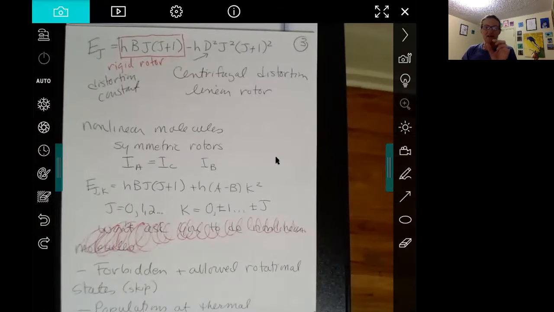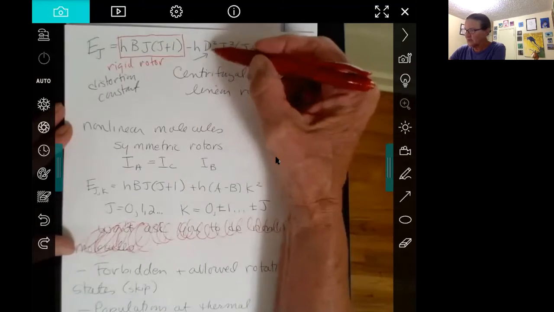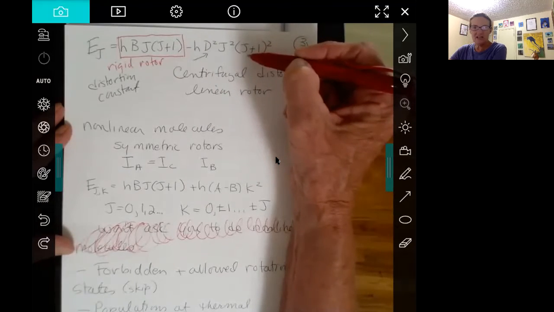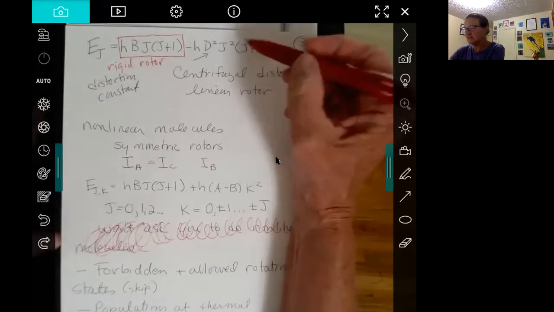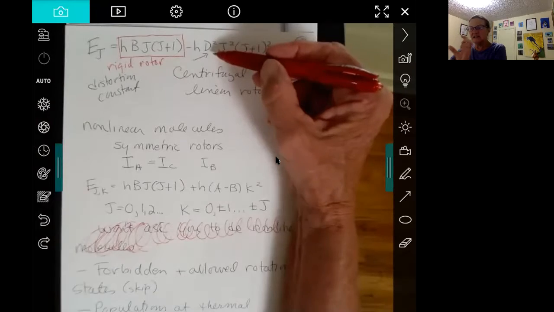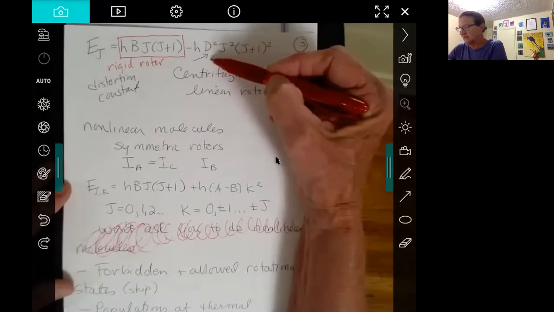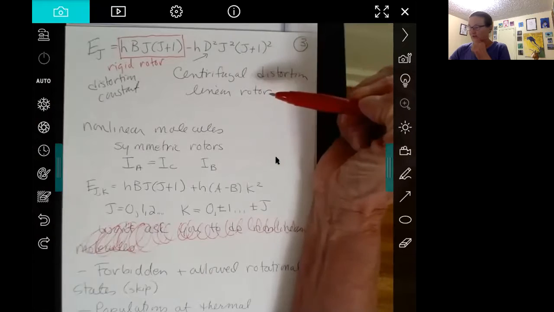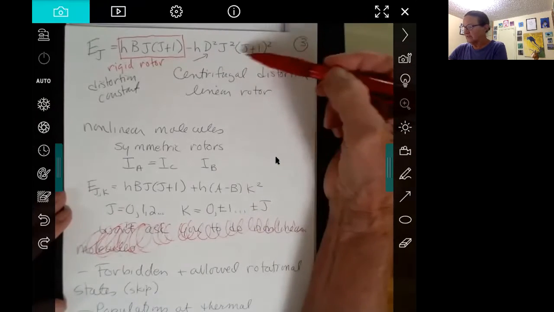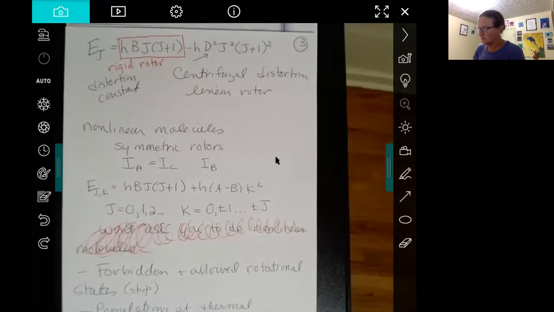And so not only is it vibrating, but as it rotates faster, it's vibrating more. So how this term contributes gets bigger as J gets bigger. So the faster it rotates, the bigger the impact is on the fact that it's not a rigid rotor. So this distortion constant that we'll see in a little while, we can figure out with spectroscopy, and then it depends upon the rotational state that you're in.